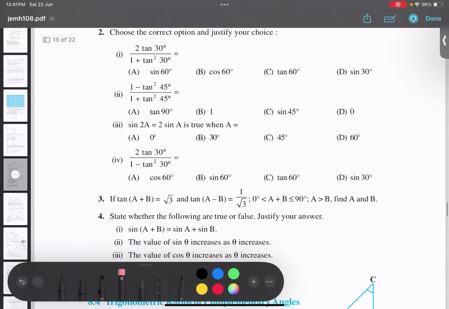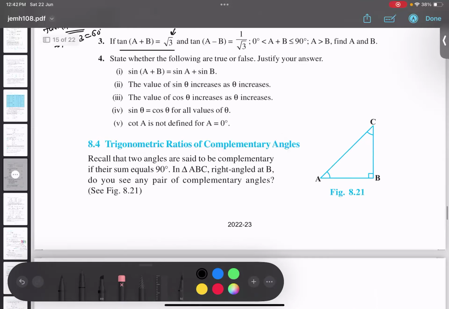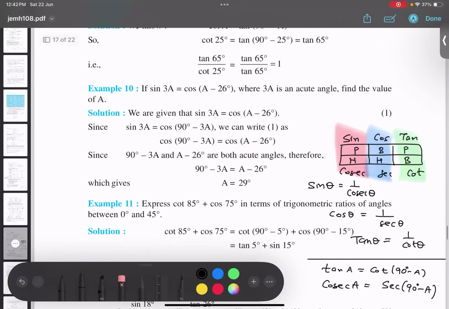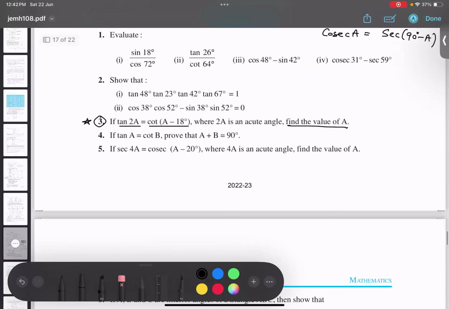I replaced this root 3 by tan 60 degree. Tan A plus B equals tan 60 degree, and after that we wrote A plus B equals 60 degree. Because ratios are same, angles are equal. Now in this particular question, the same procedure will be followed.